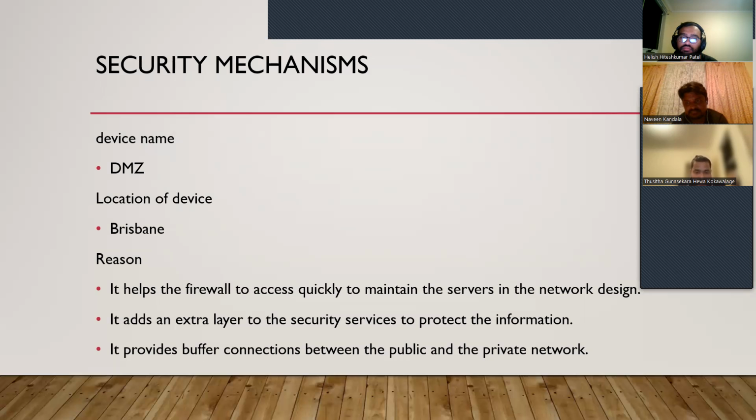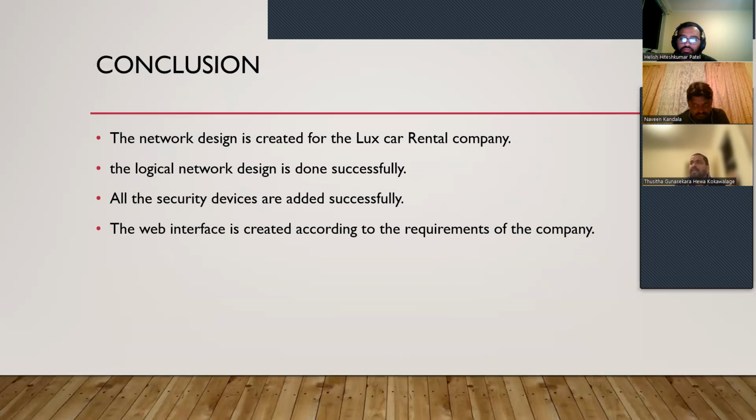The company uses the DMZ for its website, private connection and internet connection. The reason is that it helps with private access, quick maintenance and design. It adds the extra layer to the security service and protects the information. It provides a buffer connection between the public and the private network. Can we move to the next slide?